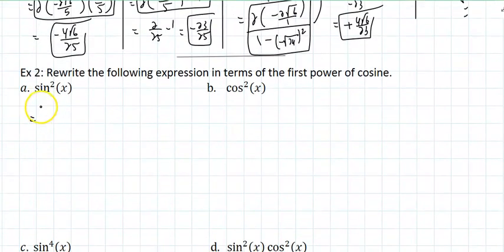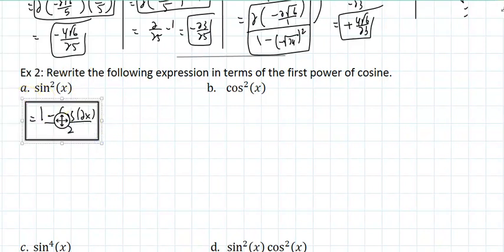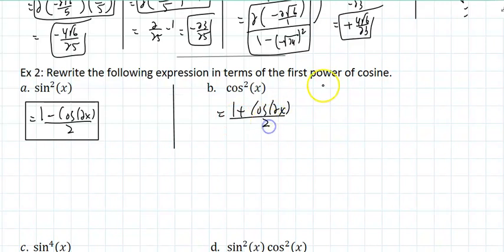So this is 1 minus the cosine of twice that angle divided by 2. You're done. And if I wanted to find this, this is 1 plus the cosine of twice that angle divided by 2. So the goal here, if you read the directions, is to make that a power of 1.